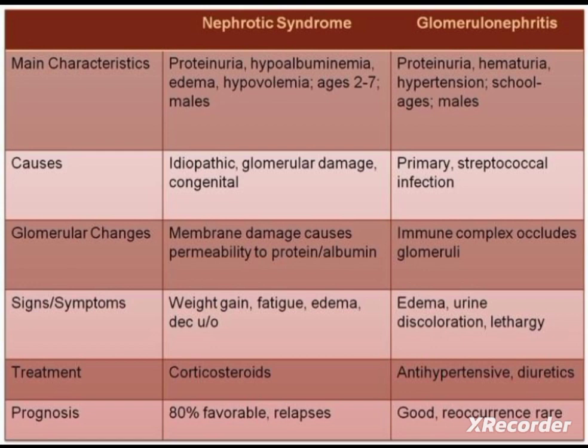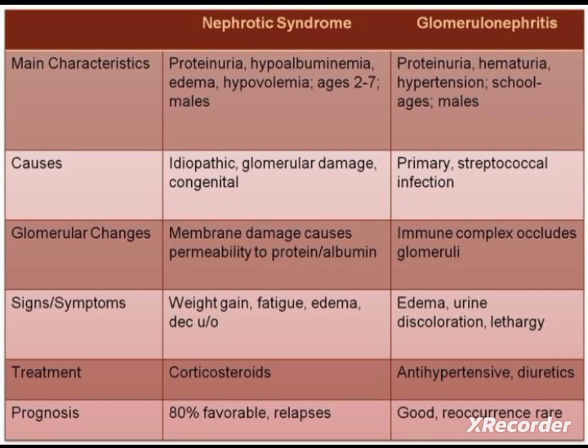The treatment: nephrotic syndrome is mainly treated with corticosteroids. Glomerulonephritis is treated with antihypertensives and diuretics, along with sodium restriction, salt restriction, and potassium restriction. The main treatment is antihypertensives and diuretics.